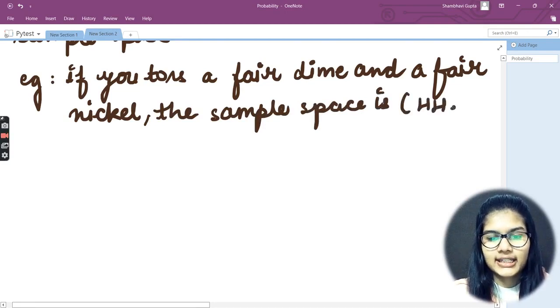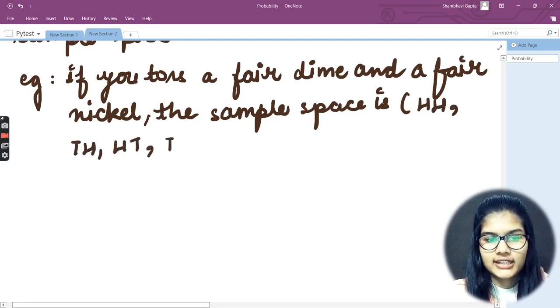That will be head head, tail head, head tail, tail tail, right? This is the sample space if you toss the coins. This will be the sample space if you toss two coins simultaneously.